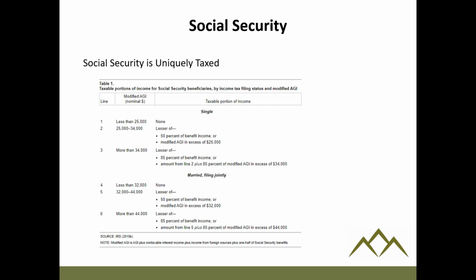And if your modified AGI is more than 44,000, and again, these figures are applicable to last tax year, 85% of the benefit income is taxable. That's the most of Social Security that is taxable for anyone.